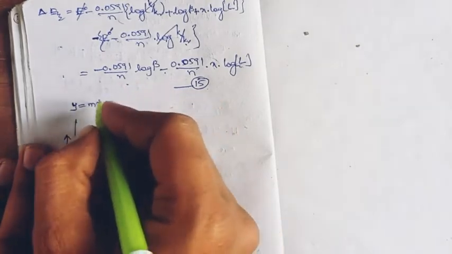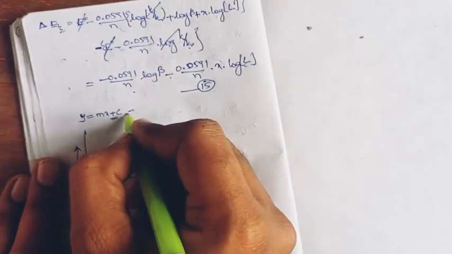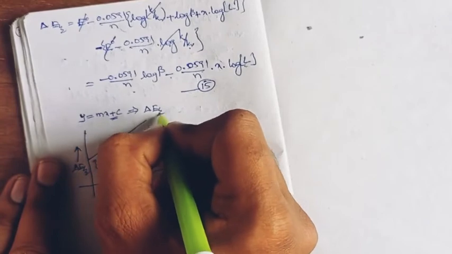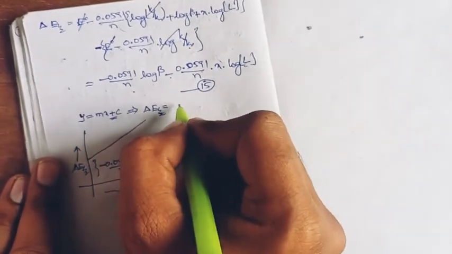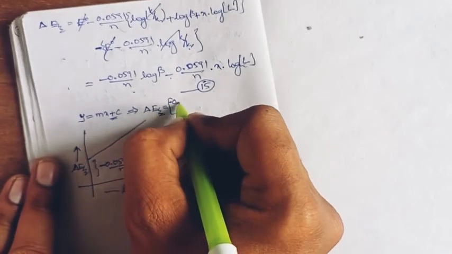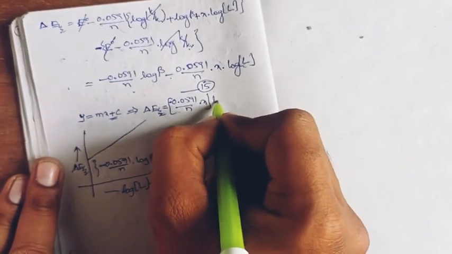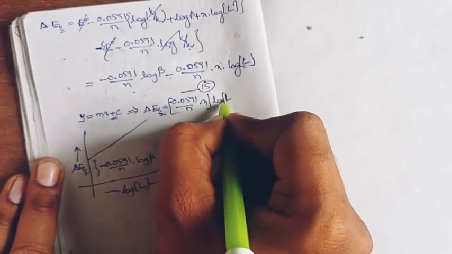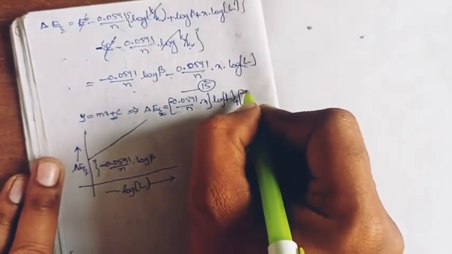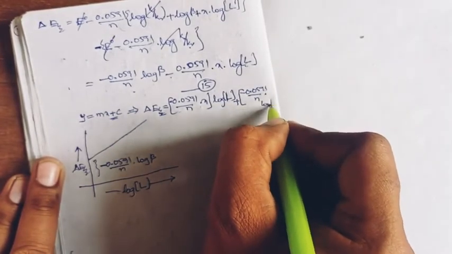So if we write the equation in the form y equals mx plus c, the delta half-wave potential would be equal to minus 0.0591 by n into x into log L concentration plus minus 0.0591 by n into log beta.